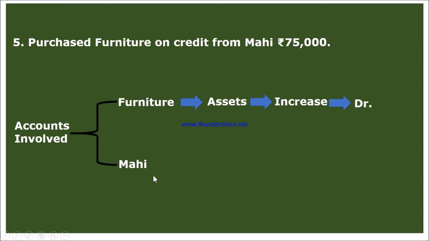Mahi is a creditor because the firm purchased that furniture on credit from Mahi. So Mahi is a creditor, and we know creditor is a liability. So the creditor increases, and therefore we have to credit Mahi.